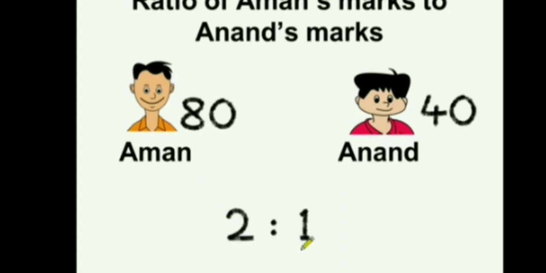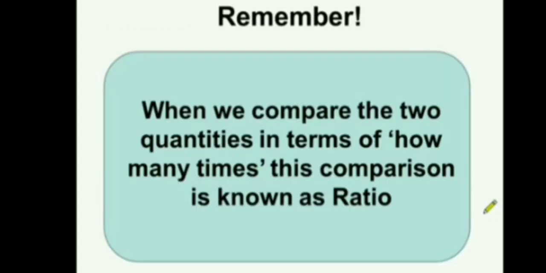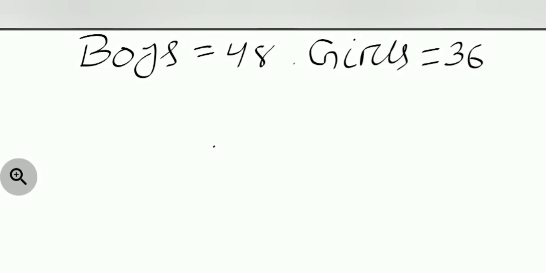So the ratio of Aman's marks to Anand's marks is 2 is to 1. Remember, when we compare two quantities in terms of how many times, this comparison is known as ratio.